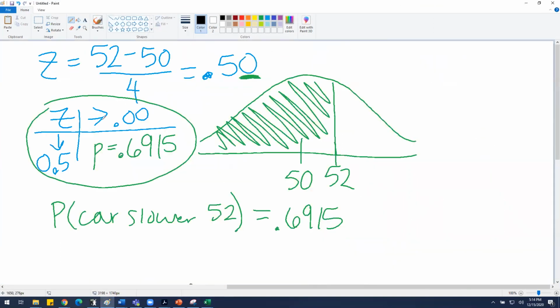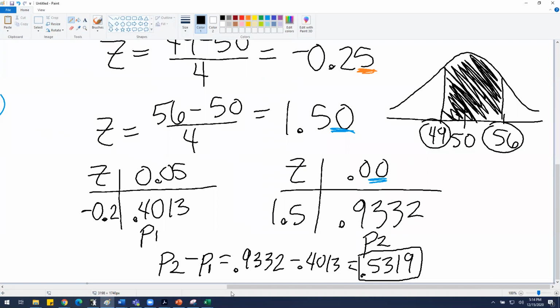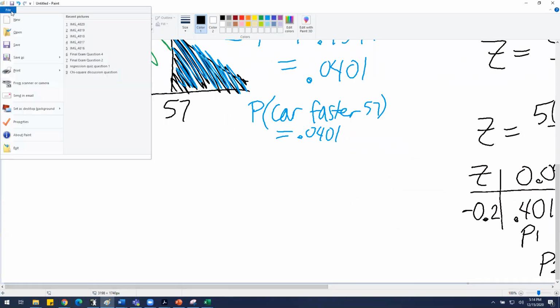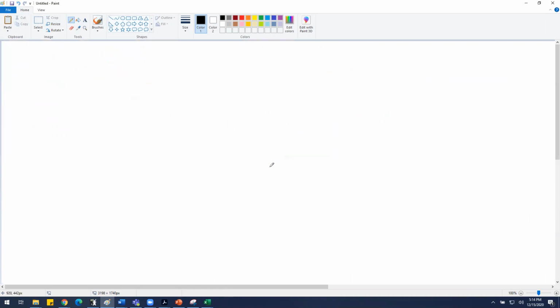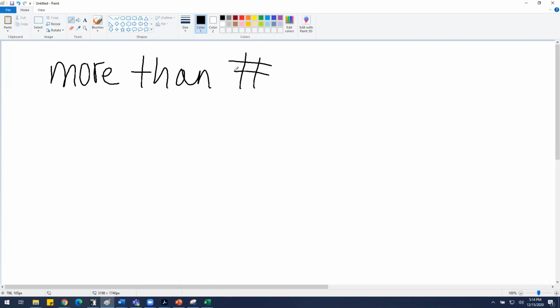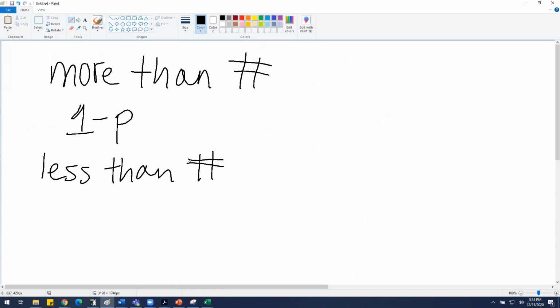So there's 3 scenarios when you're doing z-score. If they're asking you to find more than some number, make sure you do 1 minus the probability from the table value. If you have less than some number, your probability is just the probability from the table.